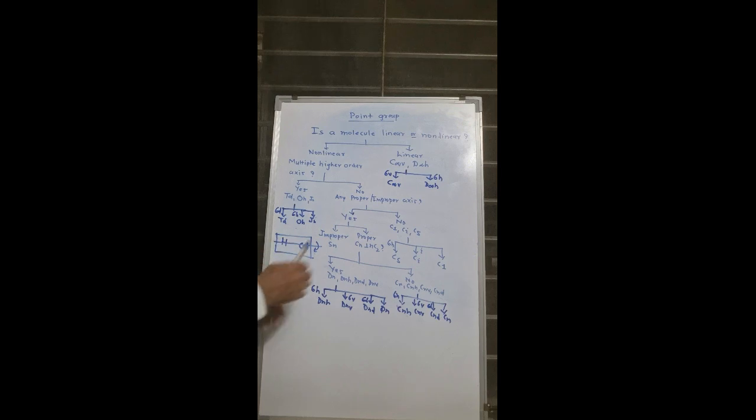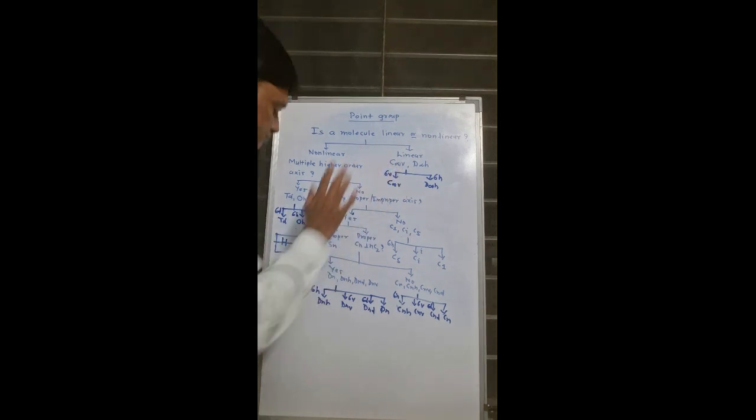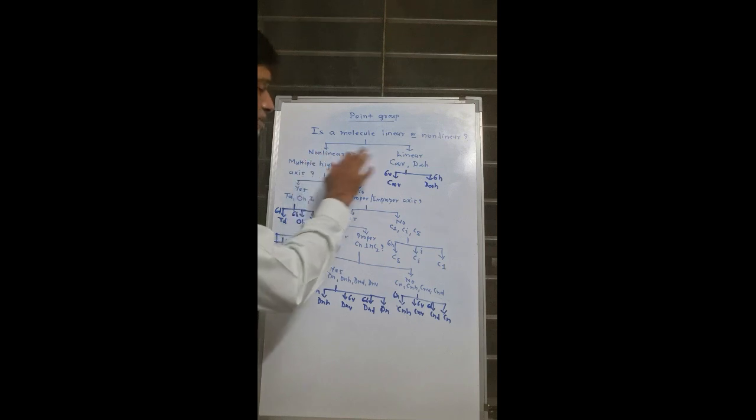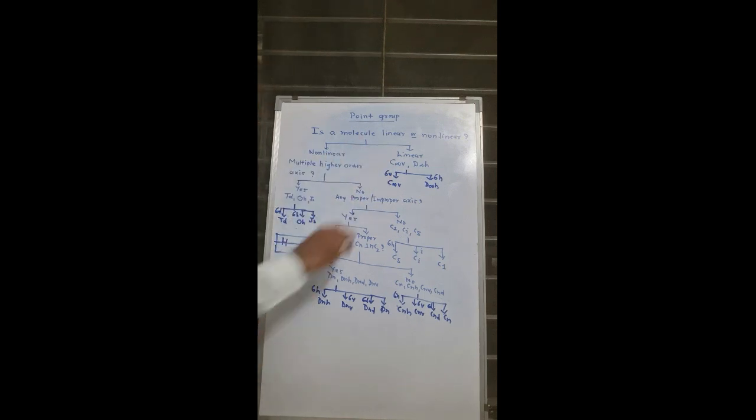It means sigma v is present, so point group is C infinite V. So dear participant, we have to assign whether this molecule is linear or non-linear. Then we have to follow sigma v or sigma h, and according to that sigma v or sigma h we can assign the point group to that molecule.